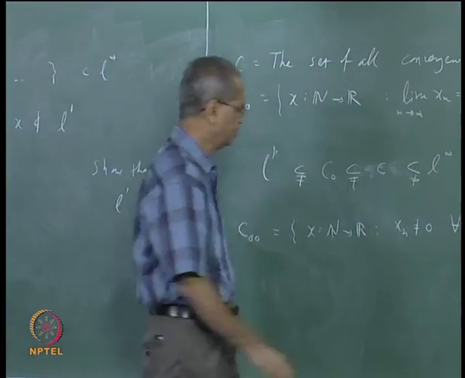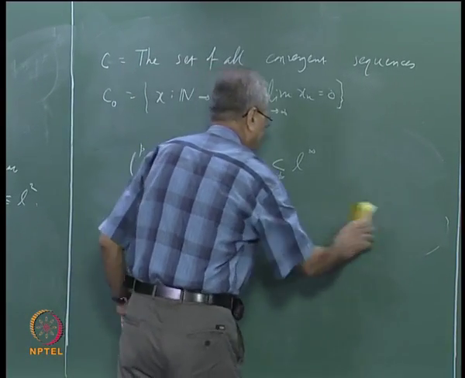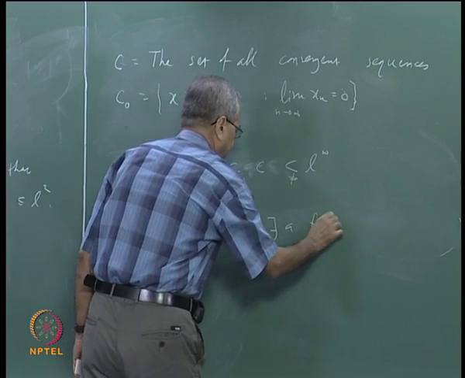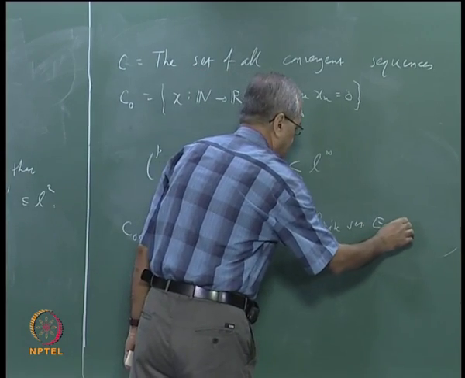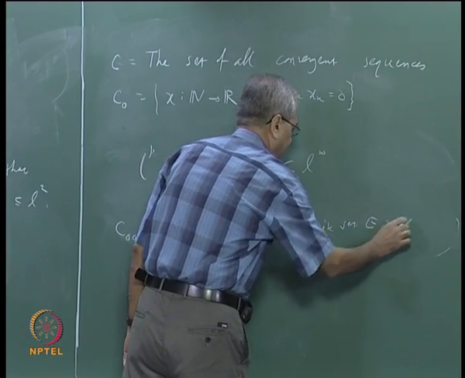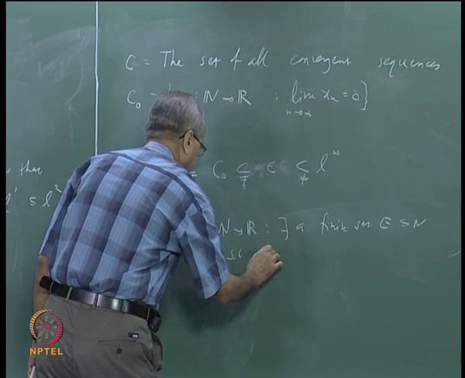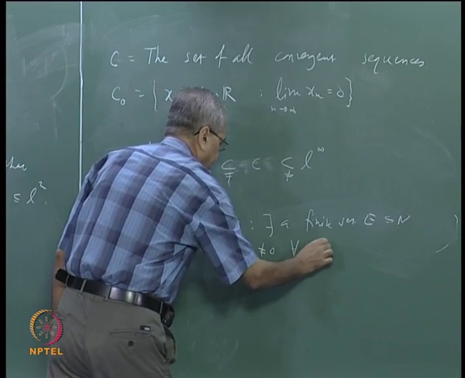That is, there exists a finite subset E of N such that xn is not 0 only for n belonging to E.